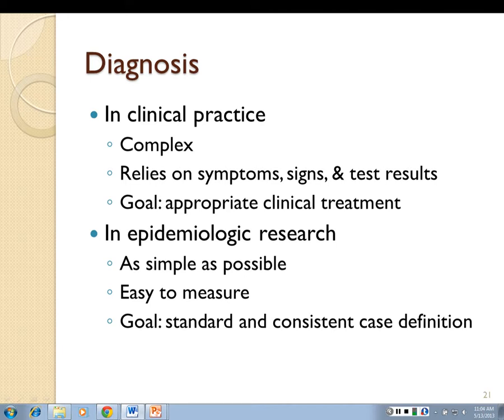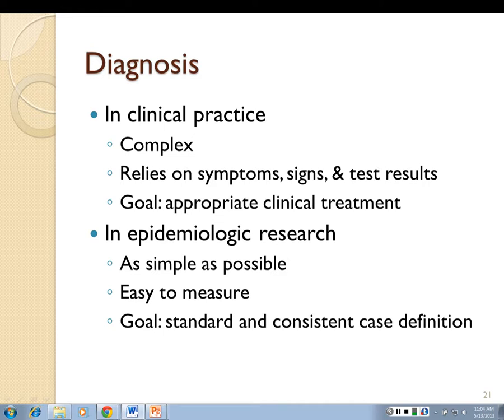Because we are concerned with populations, not individual patients, the diagnostic definition needs to be as simple as possible to ensure the appropriate people are included, while others without the disease are excluded. Researchers frequently do not have access to the subjects to complete a medical history or complex laboratory tests.